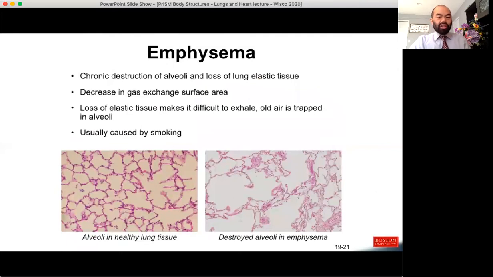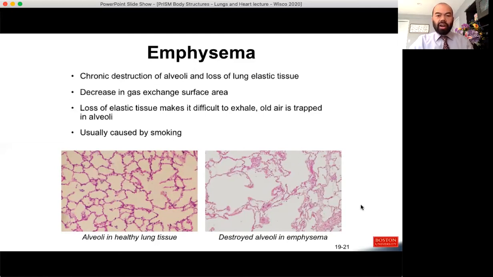Emphysema is a condition in which the respiratory membrane dies, and the effect of that is to transition pathologically from healthy lung tissue, which looks like this honeycomb shape, to a tissue in which the alveoli are destroyed, and you're left with these massive holes in the lung.